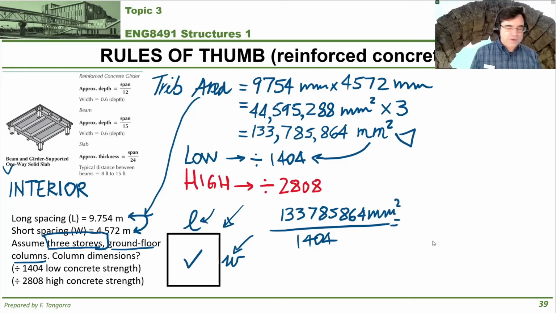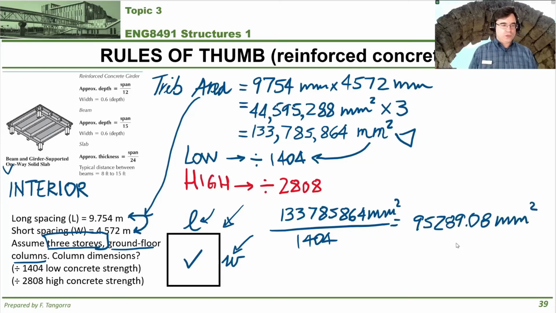I get 95,289.08 millimeters squared. Now, what I got with this area is the expected area of our square column, the area of this shape right here.